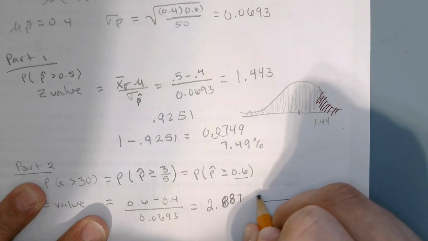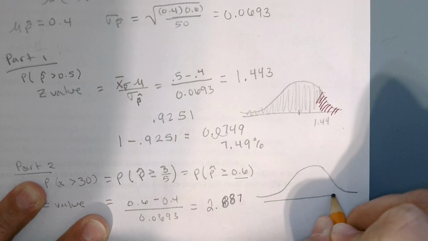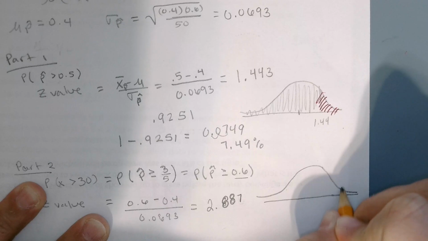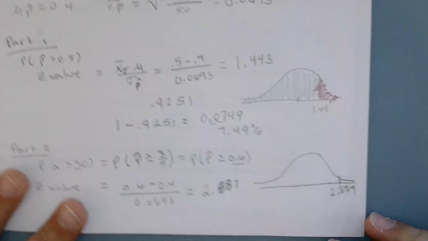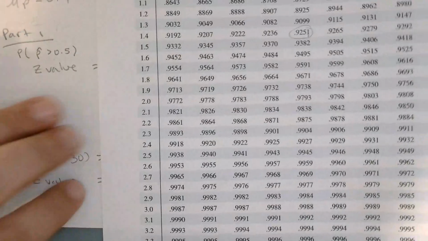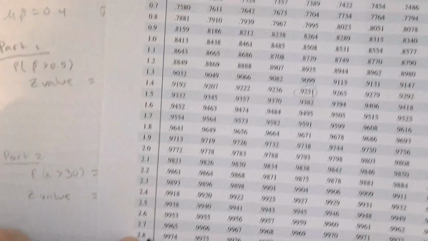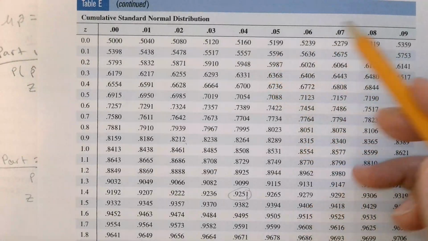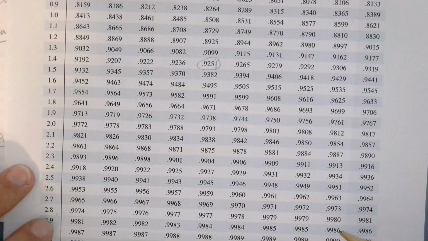It's going to give us a very small area to the right-hand side. So I'm going to use my table, and I'm going to look for 2.88. There's 2.8, so now I need to find the other 0.08 at the top and find 2.88.